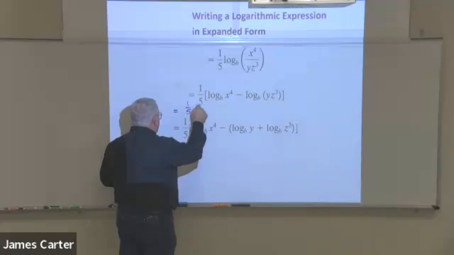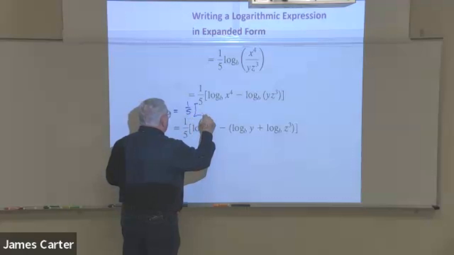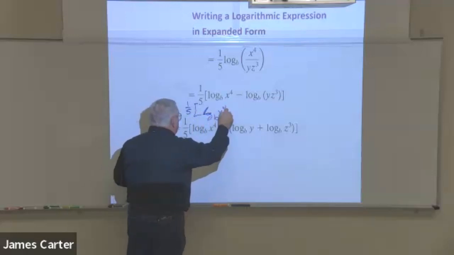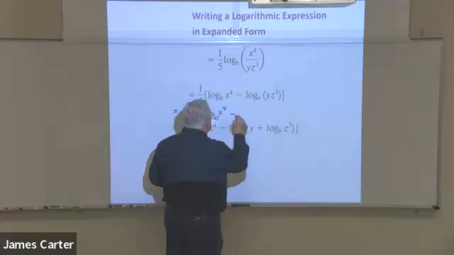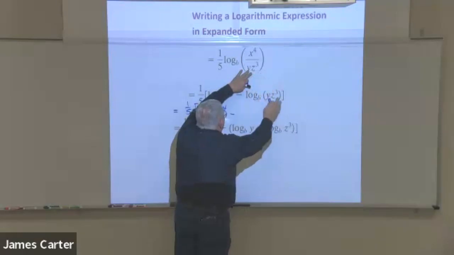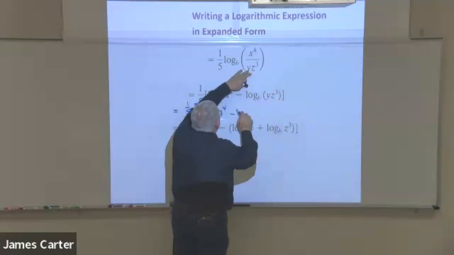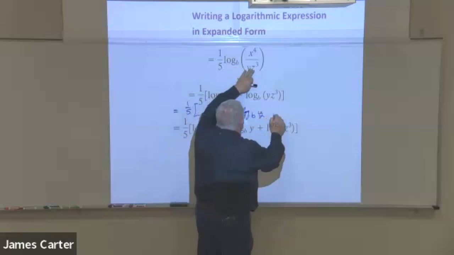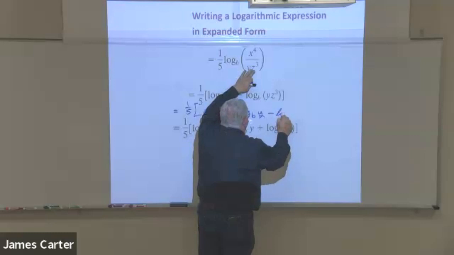Equals 1/5 times log b x to the 4th in this case, minus, because they're grouping these. I don't encourage that. I would more encourage you to go straight to minus log b of y, and because that one is also in the denominator, minus log b of z.